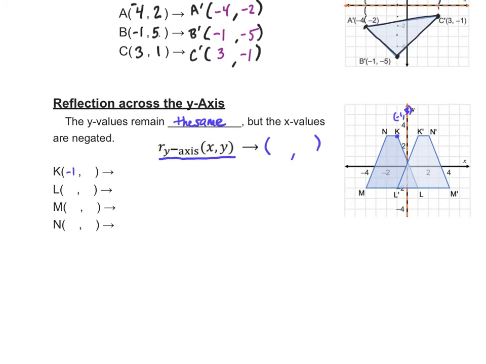So I have -1 and 3. And then my new K prime, what point do we have for K prime? Right here is going to be a +1 and a 3. Okay, so we have a +1 and a 3.